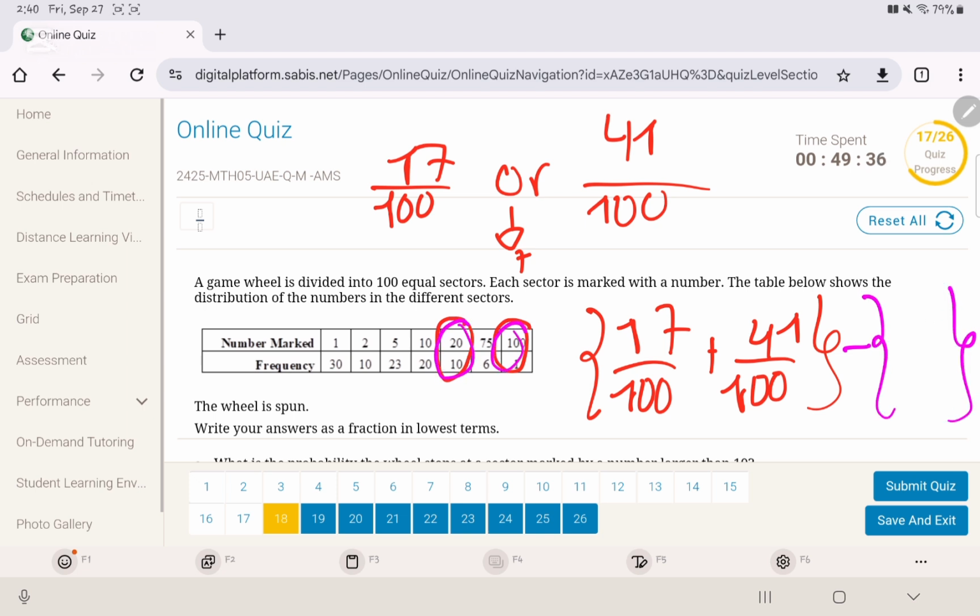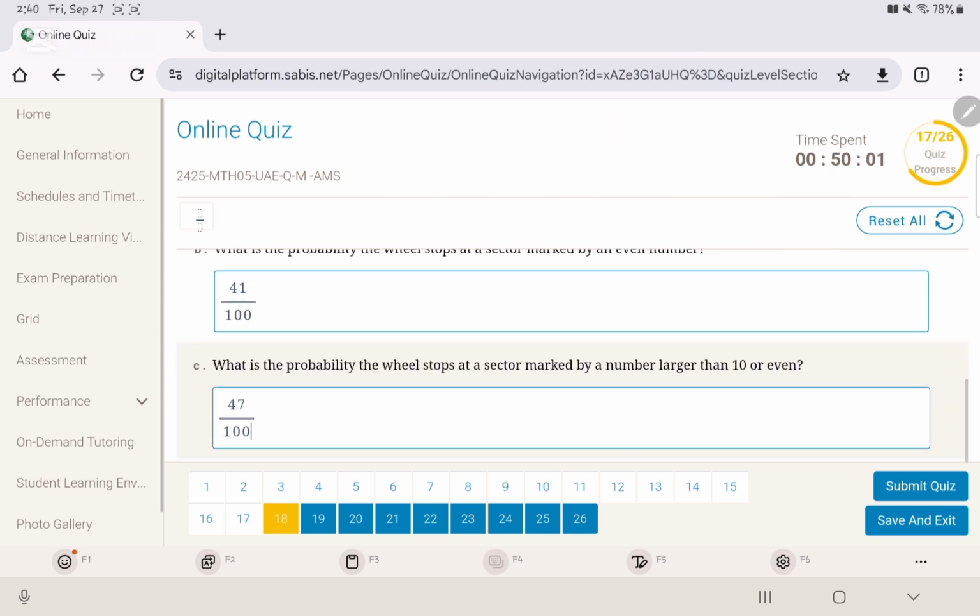For 20, the probability is 10 out of 100, and for 100, the probability is 1 out of 100. So 10 plus 1 is 11 out of 100. Now it's 17 plus 41 out of 100 minus 11 out of 100, and when you do it, you get 47 out of 100. So the answer is 47 out of 100.